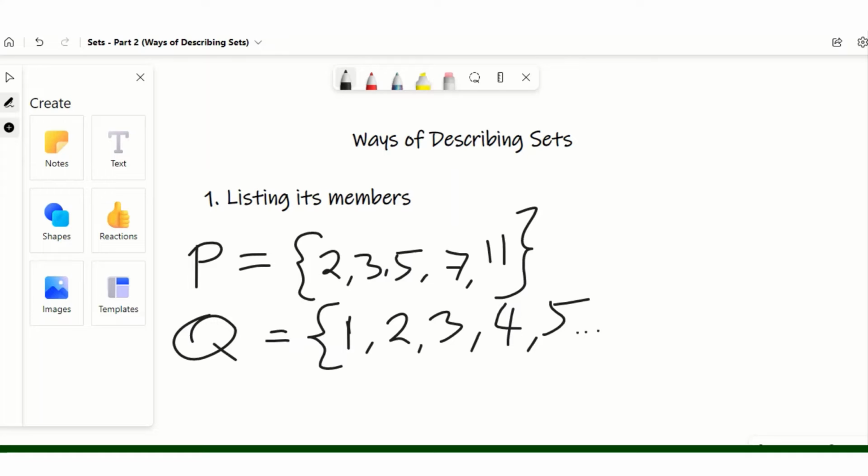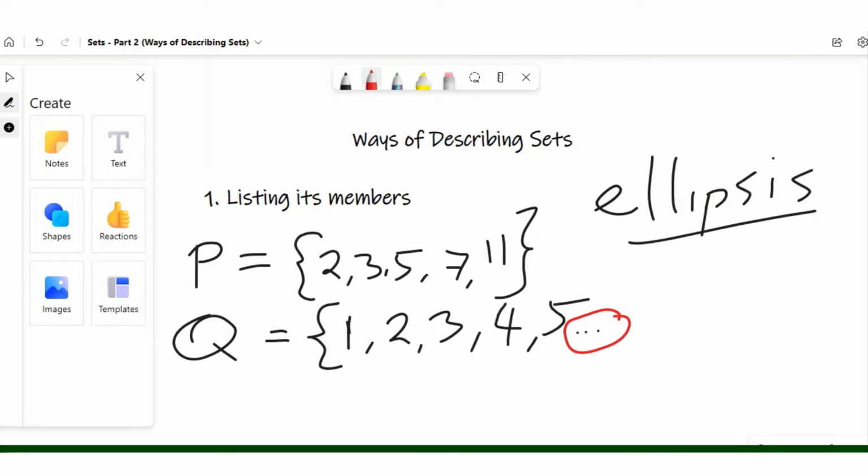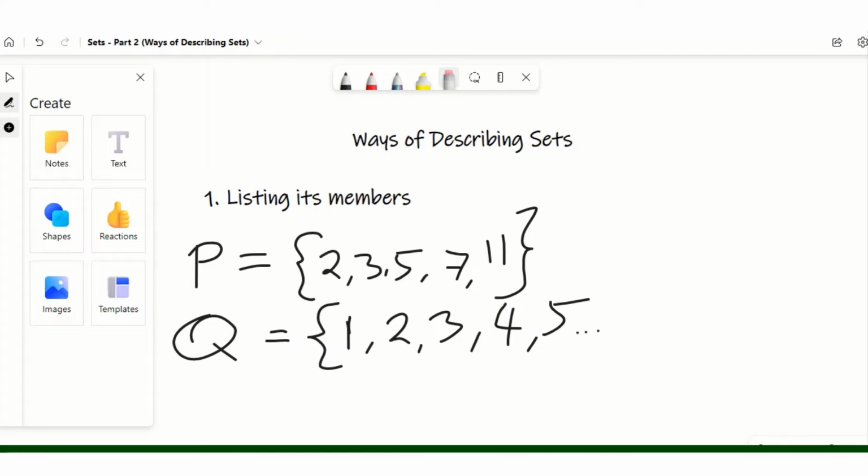These 3 dots together are called an ellipsis. Okay, let's close our curly bracket.